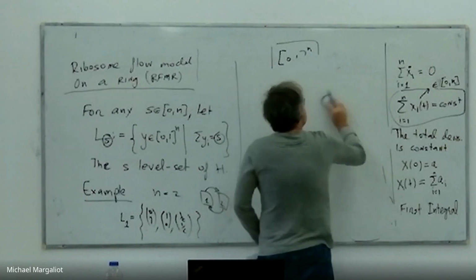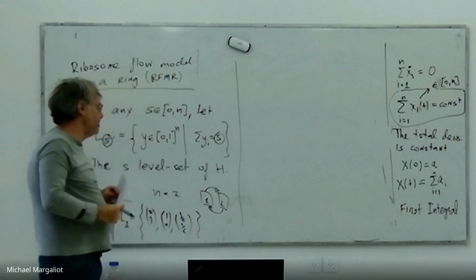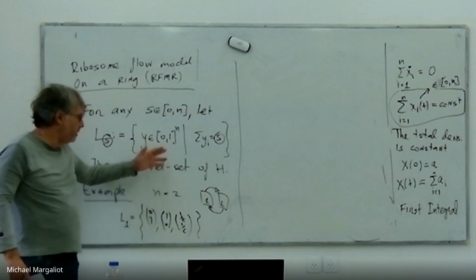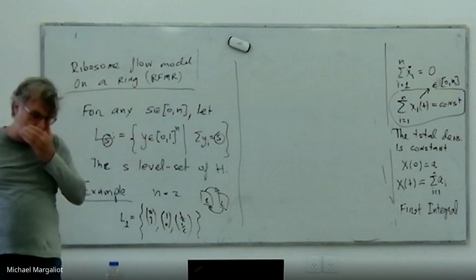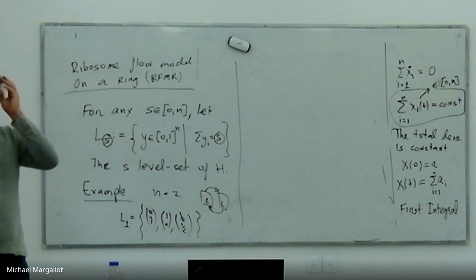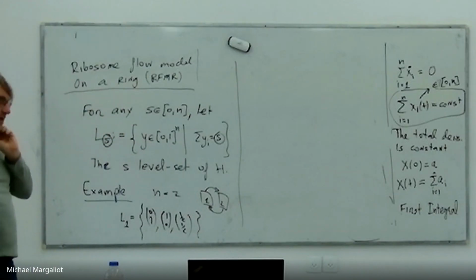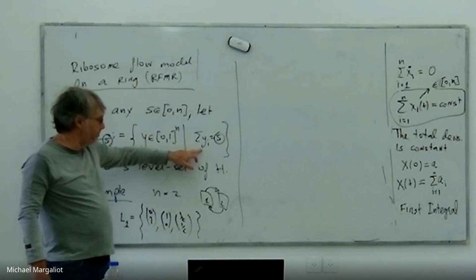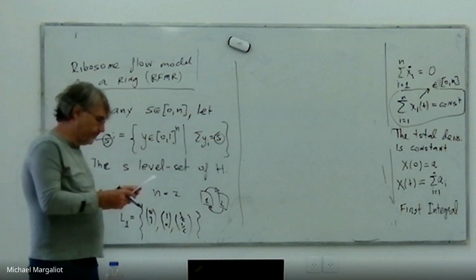Let's talk about this as if it's an energy. Although it's not an energy, it's a total density, let's think about this H as the conserved energy. So I want to look at all the configurations in which I have exactly this energy.